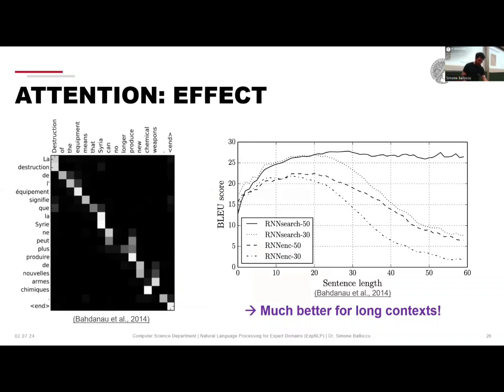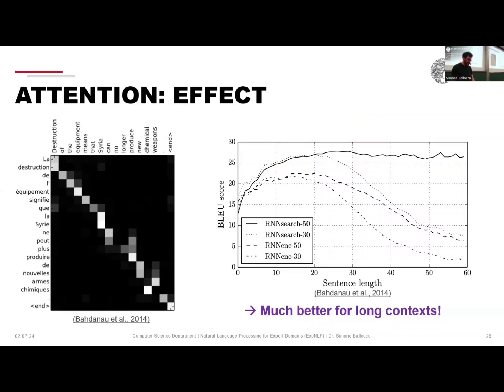And you see the BLEU score, which is not exam relevant, but just to remind you, it is an n-gram overlap metric for machine translation. Basically, it tells you how much your translated sentence has the same n-grams as an ideal translation, your ground truth. And you can see that this is the line for when you use attention compared to the others.